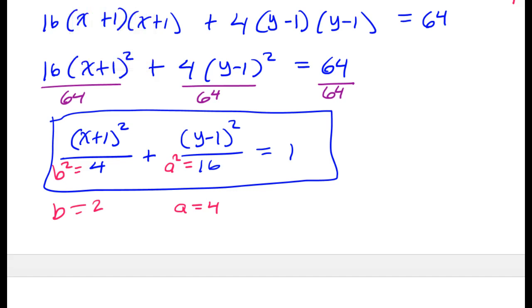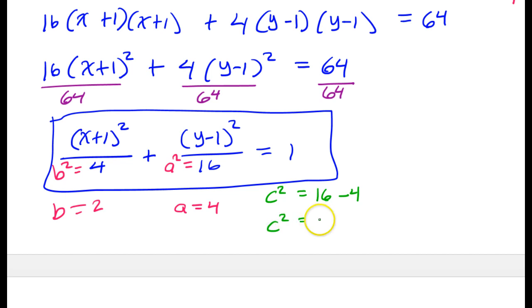Okay, how about the C value? We know that C squared is equal to A squared minus B squared for ellipses. Well, A squared is 16 and B squared is 4. So we can just go ahead and put 16 minus 4.